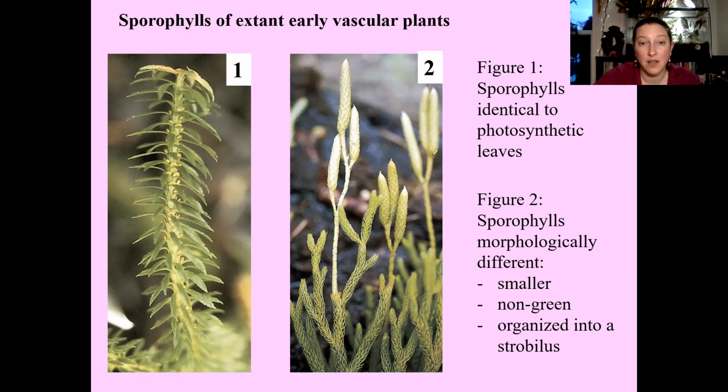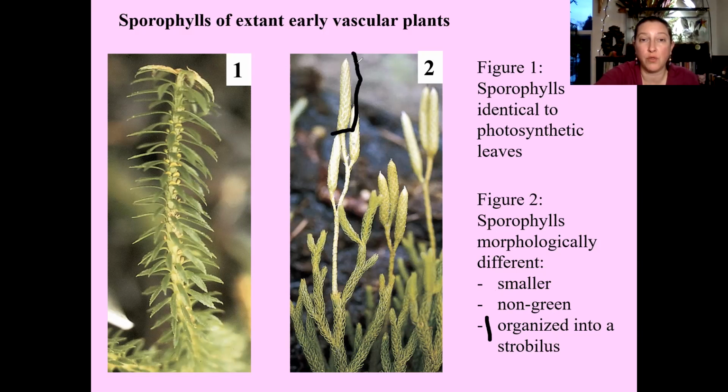And notice each of those little things are smaller than the regular microphylls. Each of the little sporophylls up here are not green, right? And in the case of this species, these sporophylls are arranged in what I mentioned on the previous slide, this new structure called a strobolus.